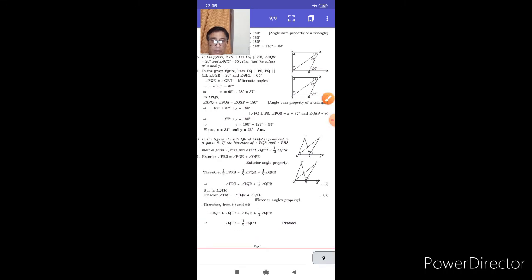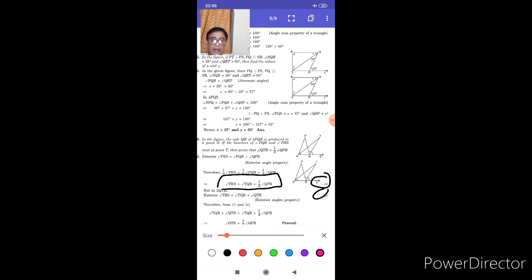Okay, so now see from the first equation and from this second equation, what is the value of TRS? TRS equals TQR plus QTR.